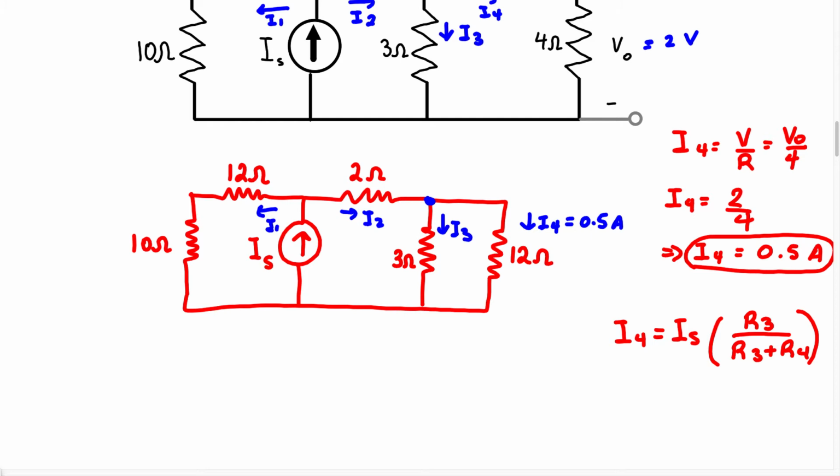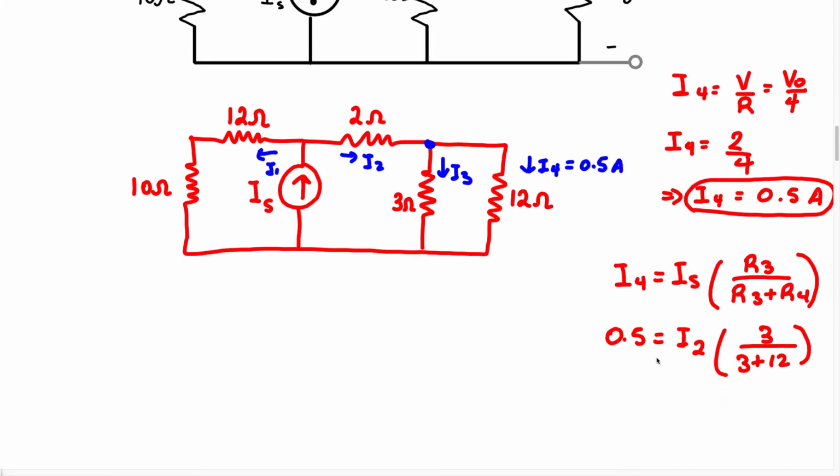Now let's start to simplify this. We know I4 is going to be 0.5 amps. We're going to write 0.5 equals IS. Instead of writing IS, I'm actually just going to write I2 because we know this is going to be our source current. So we have I2. R3 we're going to write as 3 ohms. So we have 3 over 3 plus 12, close brackets.